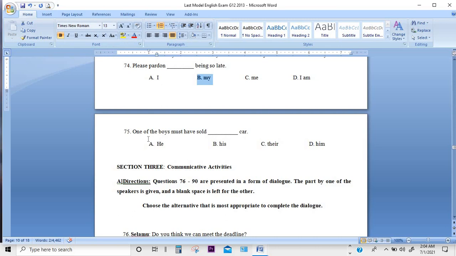Okay, let's see. One of the boys must have sold dash car. One of the boys. It says one of the boys.